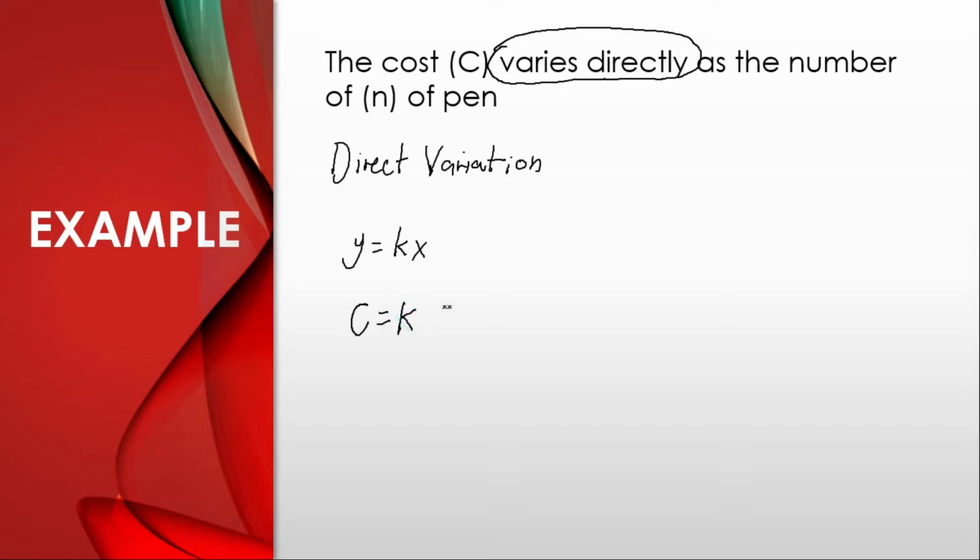At yung x naman natin will be the n. So ito yung equation natin ng direct variation, at ito yung answer natin para sa example. Okay?